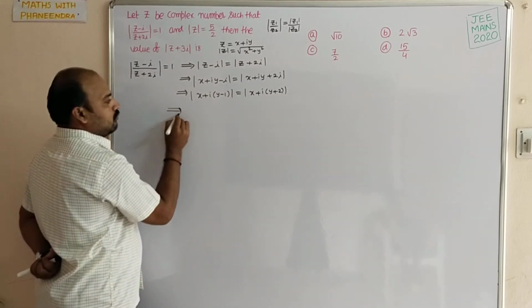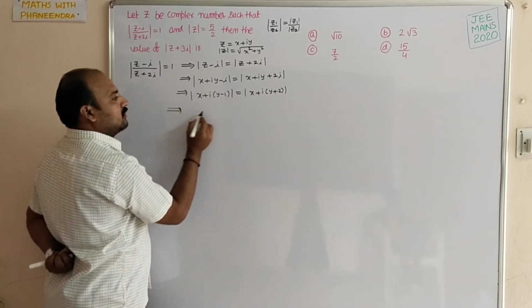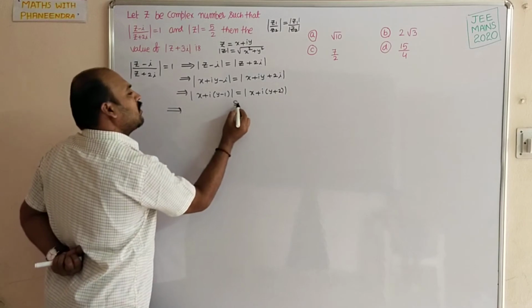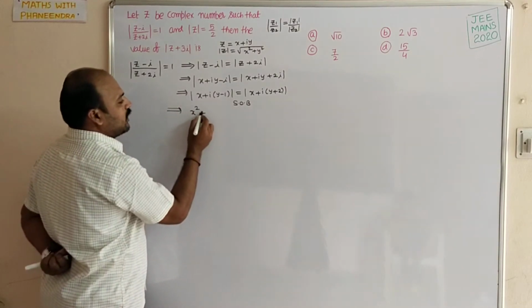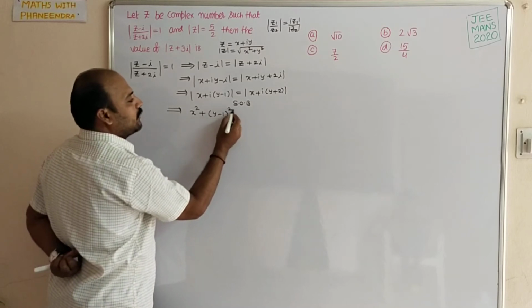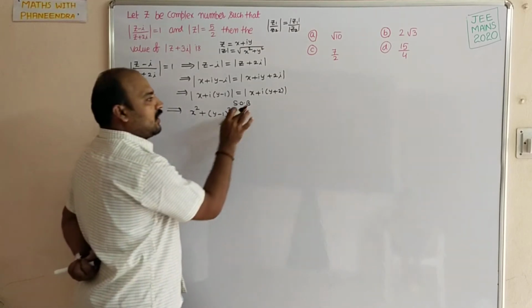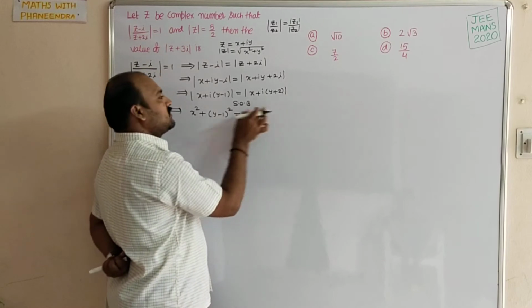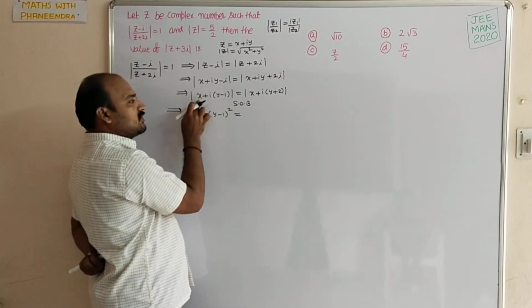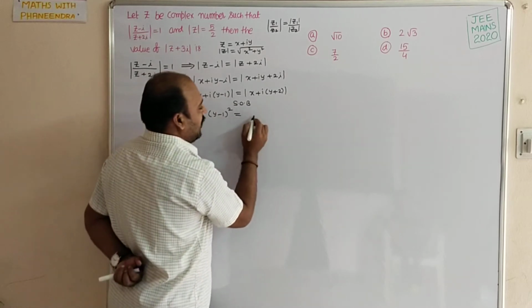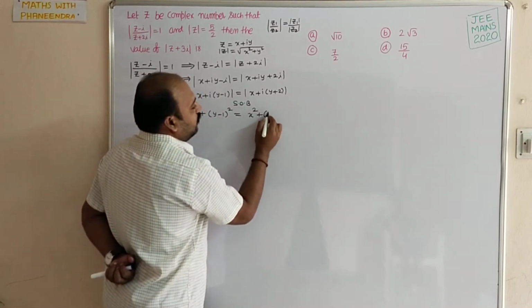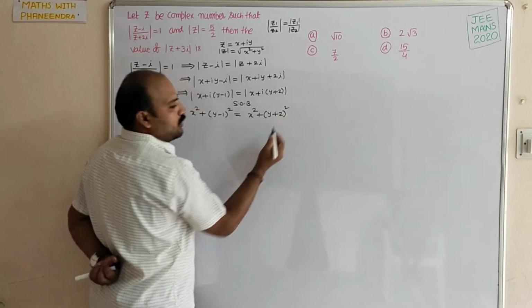Now the magnitude of this complex number: root of x square plus (y minus 1) whole square. After that, squaring on both sides, so directly I am doing x square plus (y plus 2) whole square.